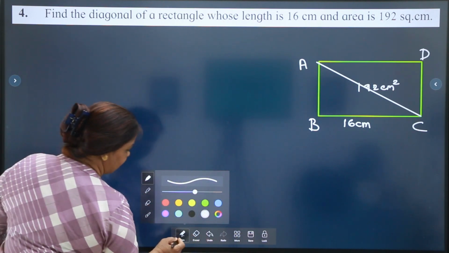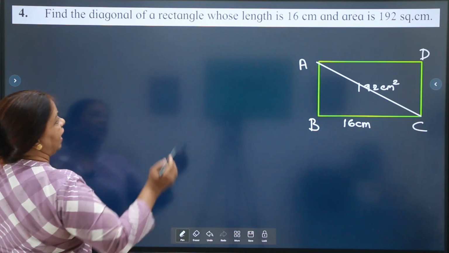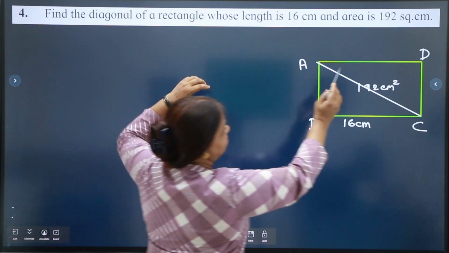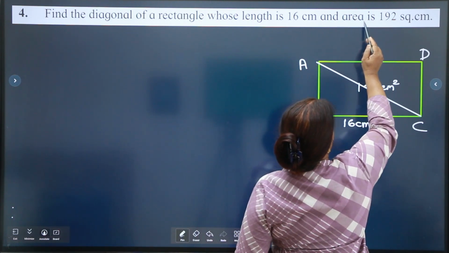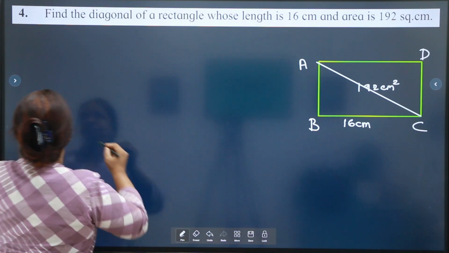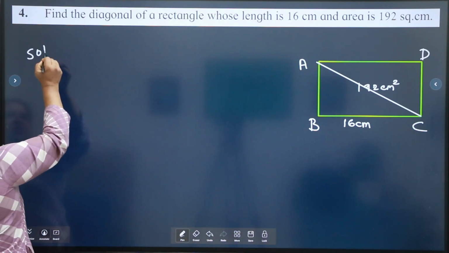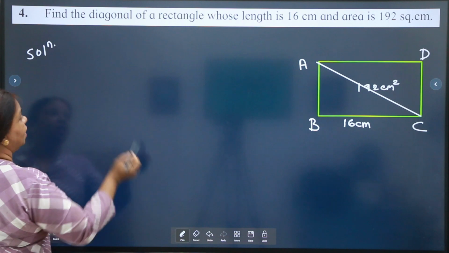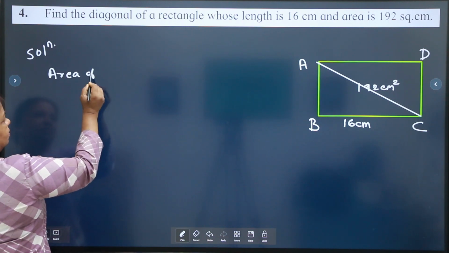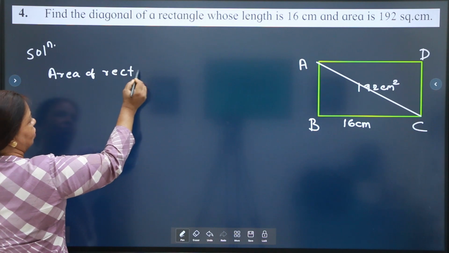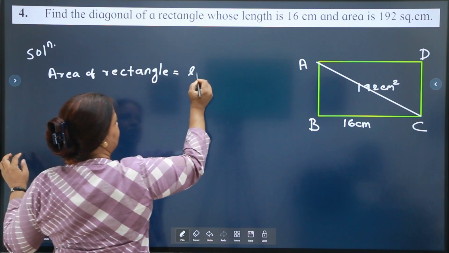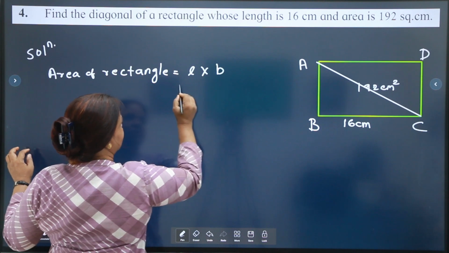Let's begin with what is given. Area of rectangle is given as 192 square centimeters. See, area is given as 192 square centimeters. So we'll begin with that. Solution. Area of rectangle is equal to length into breadth.